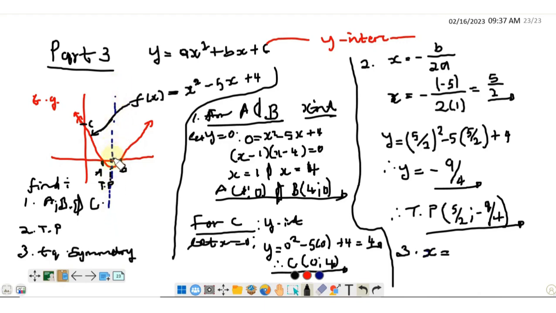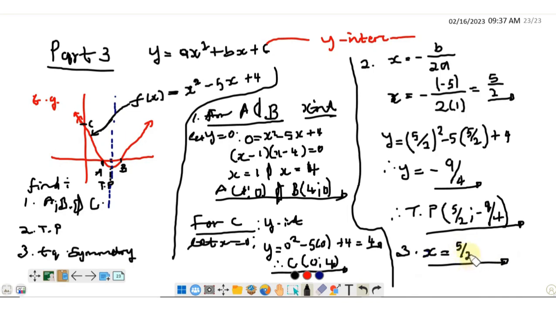It's going to go vertically through the turning point. So the x value is the same for the turning point and that line. So x equals what, guys? What is the x value of the turning point? It's 5 over 2. So x equals 5 over 2. There we go.